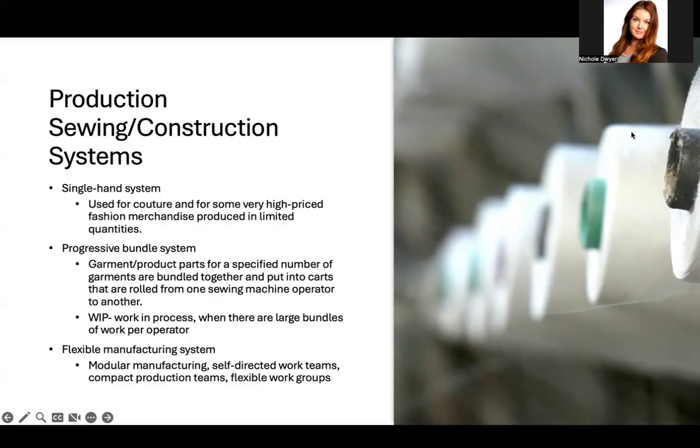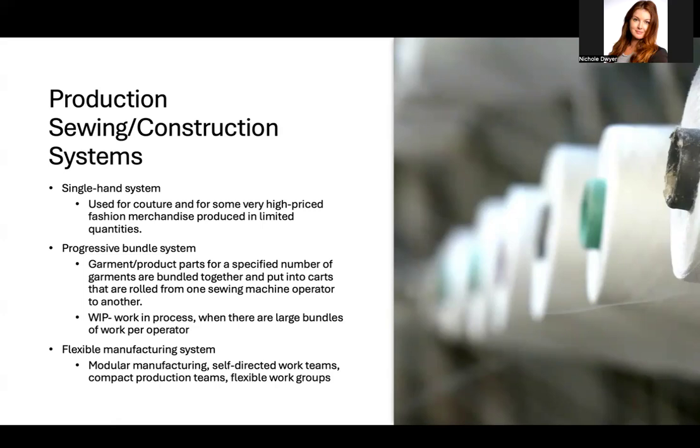Okay, thank you. So, when we think about construction systems, there are three main types that we see in mass-produced markets across the globe. The first being a single hand system.